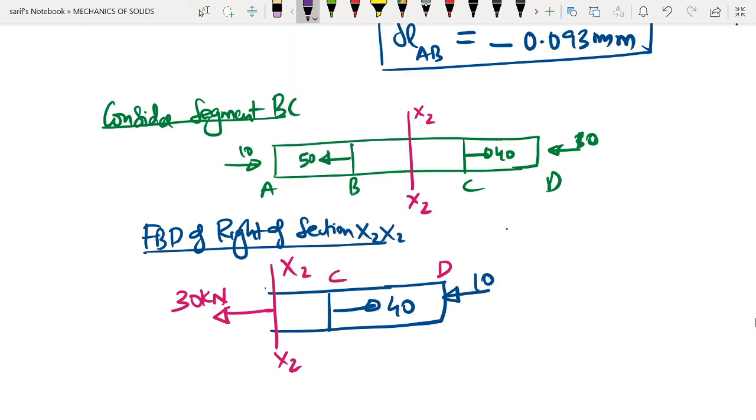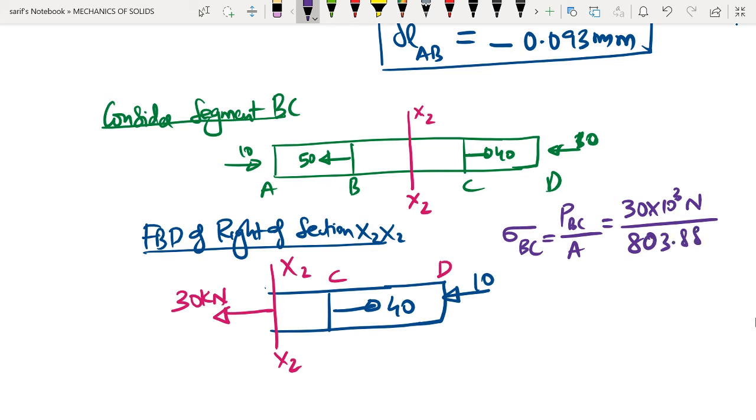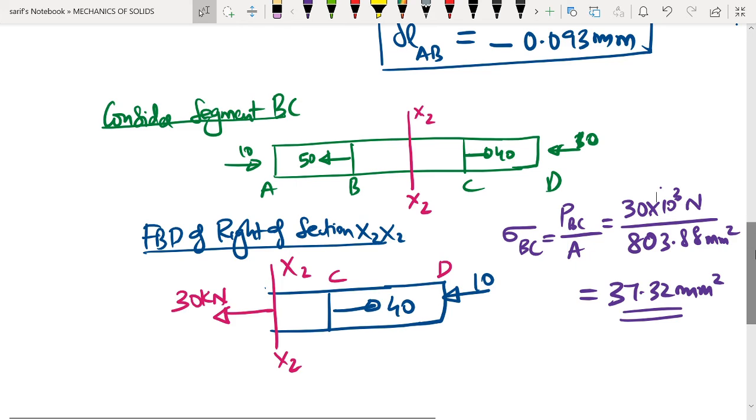Now to compute that stress, sigma BC equals, it is tensile, therefore it is positive. We will get the magnitude of the stress as 37.32 Newton per mm square. Once you know the magnitude of the stress, you can calculate the elongation.